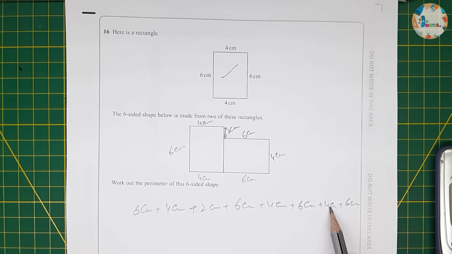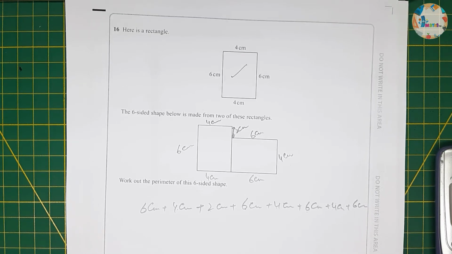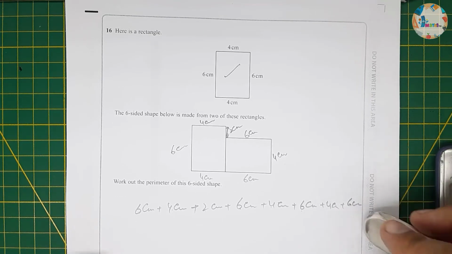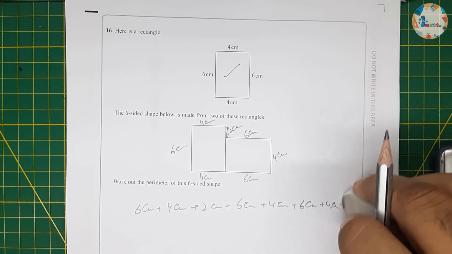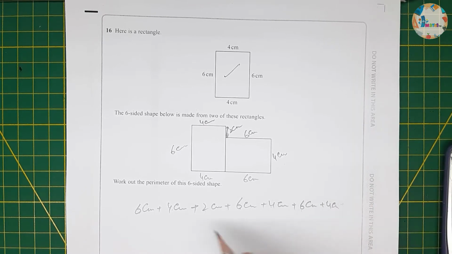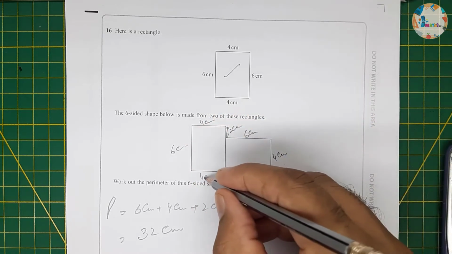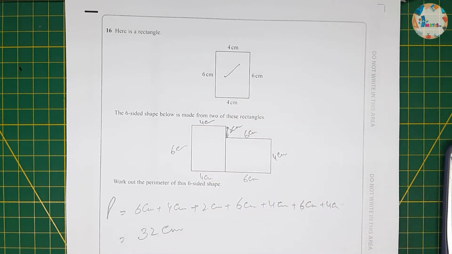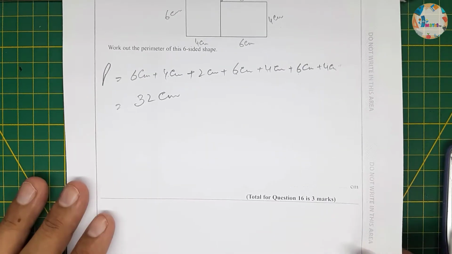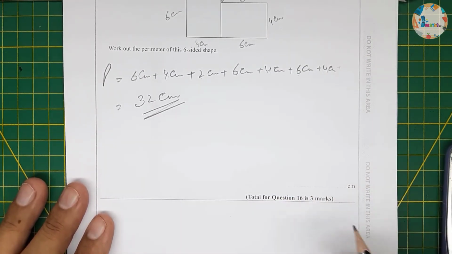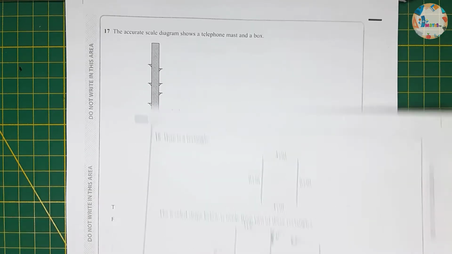We have done some mistake. Basically this final one, 6, we should not add. We have taken this twice. So the perimeter is equal to 32 centimeters. We have taken the round trip from here till here, and it is adding up to 32 centimeters. This will be our final answer. We can write here 32 centimeters.